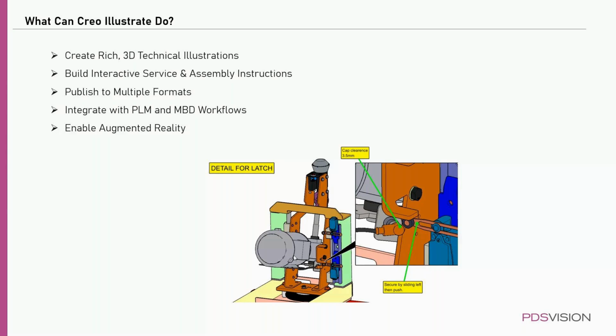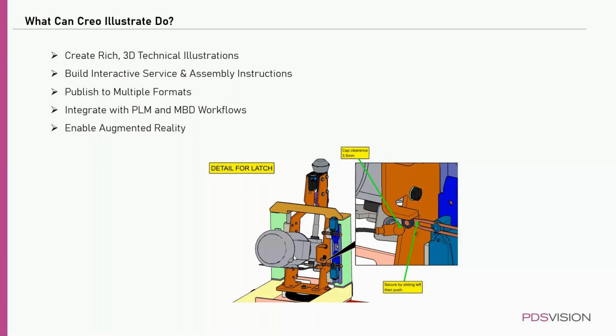And finally, there is generative AR content for remote support. You can use these visuals and integrate them with AR so that you can see them when you are in a remote location and trying to support your maintenance crews and technical people there to fix certain things which have gone wrong.